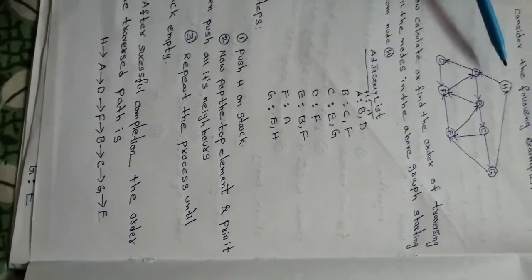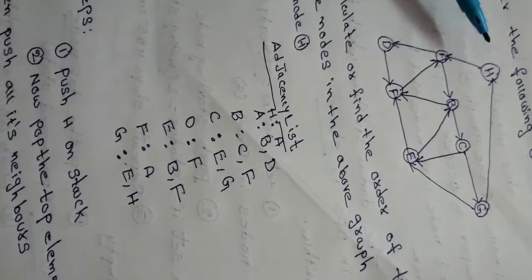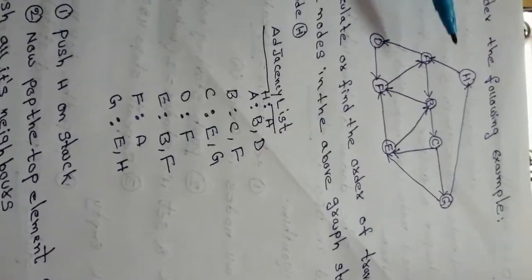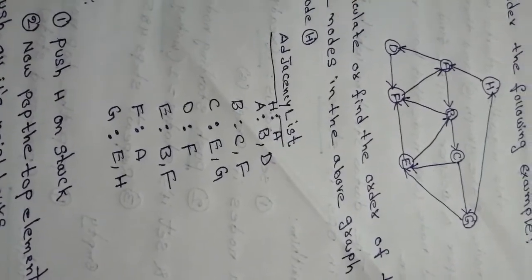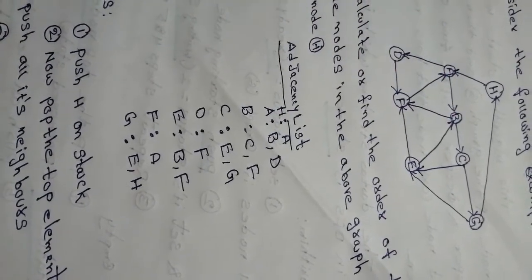Starting from H, what are the adjacent nodes to H? H is connected to A, so the adjacent node of H is A. For A, B and D are the adjacents. For B, C and F are the adjacents.